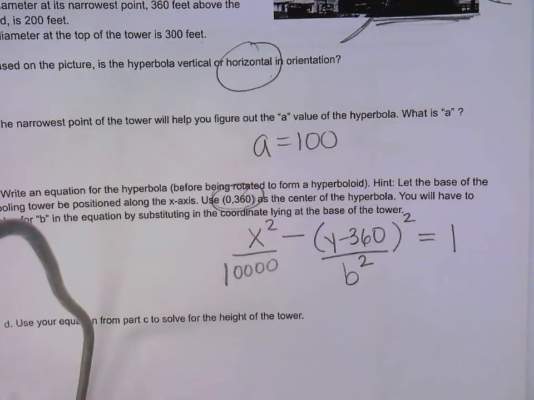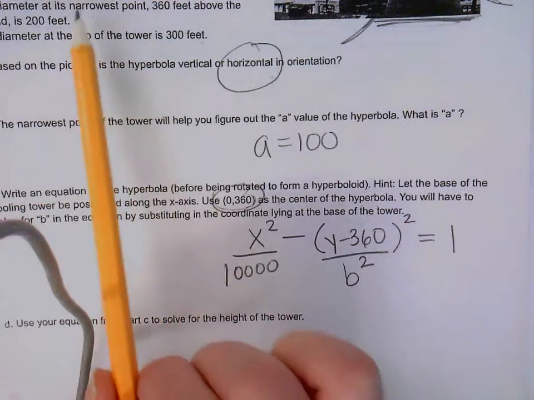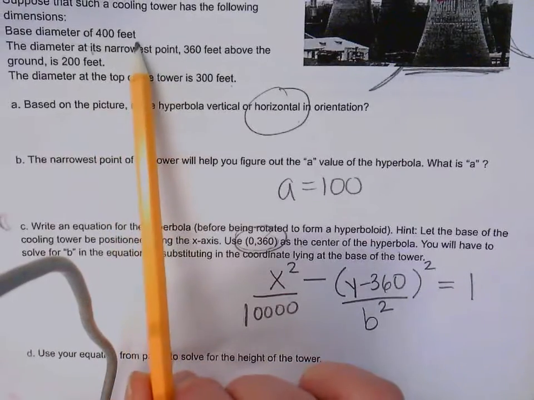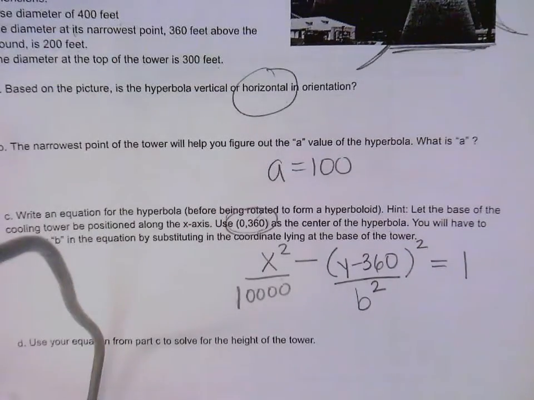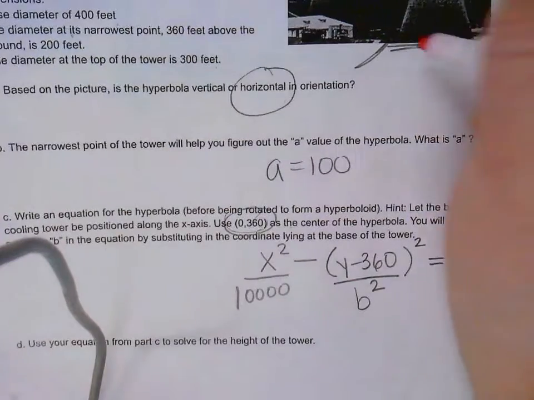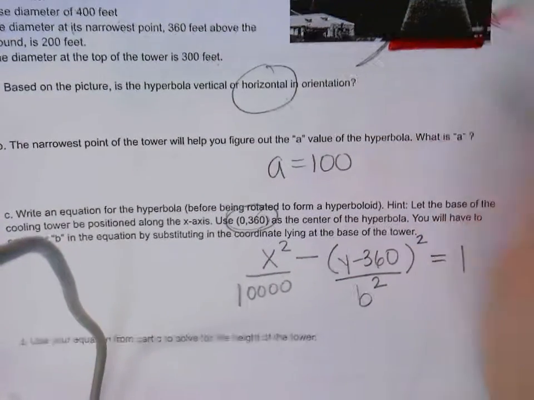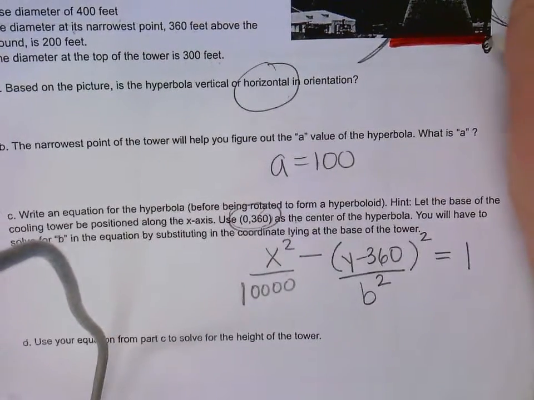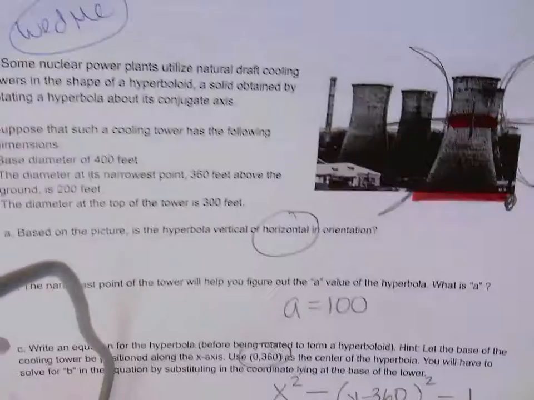What point do I have to substitute in for x, y? So let's go back up here. It says the base diameter was 400 feet. So the base of this cooling tower had a diameter of 400. What is this point at the base of the tower that I can substitute in?